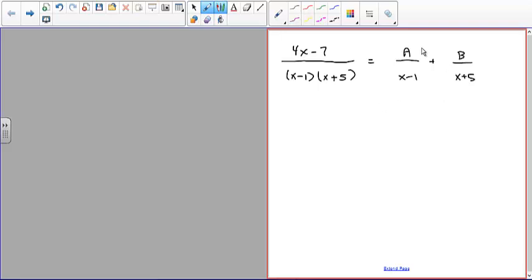Okay, so what we did was when you have 2 distinct linear factors, you can just cross multiply these and then multiply these together. It's just a little quicker than having to write out x plus 5 times x plus 5. So we're going to take this one, multiply it by that one, and then do the other way, B times x minus 1.